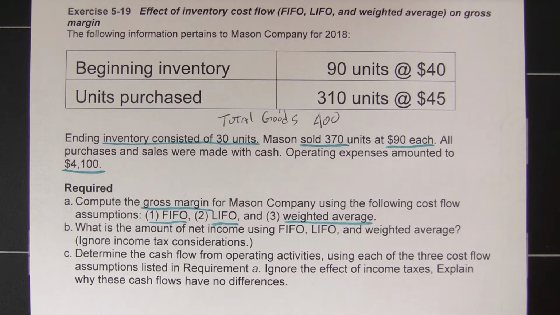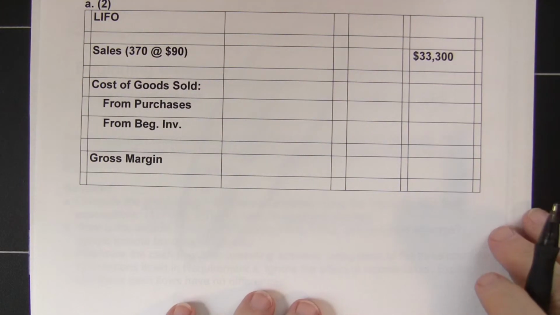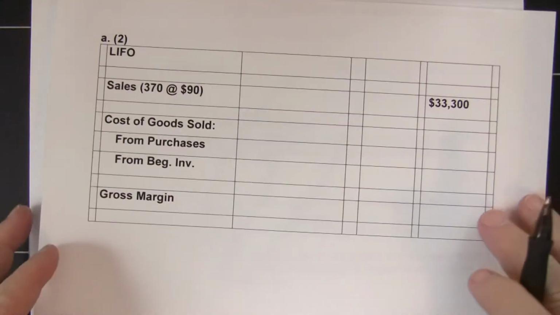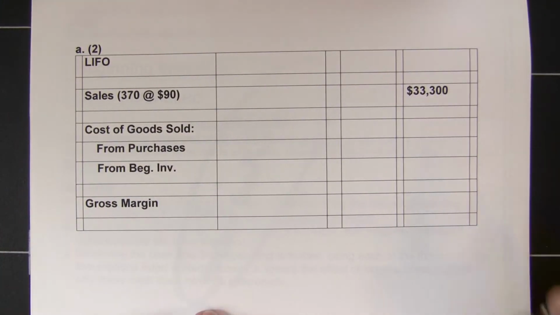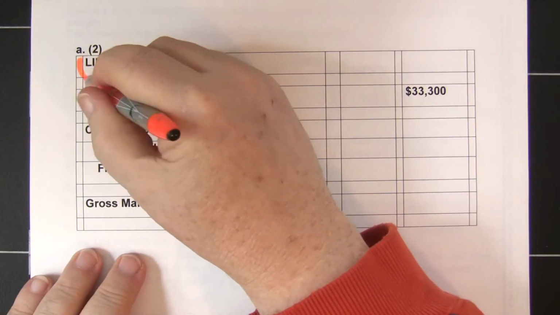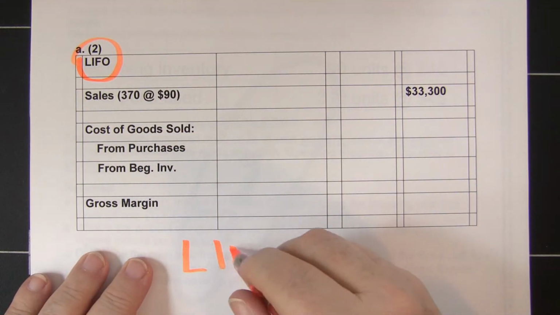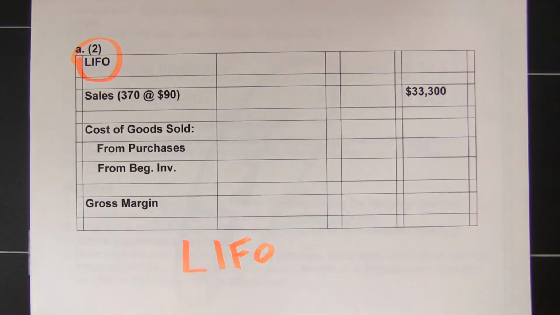Now they say, okay, do it again, this time using LIFO. So we're going to do it using LIFO. And I want to make sure that we see that. LIFO, last in, first out, means the first in are still there.